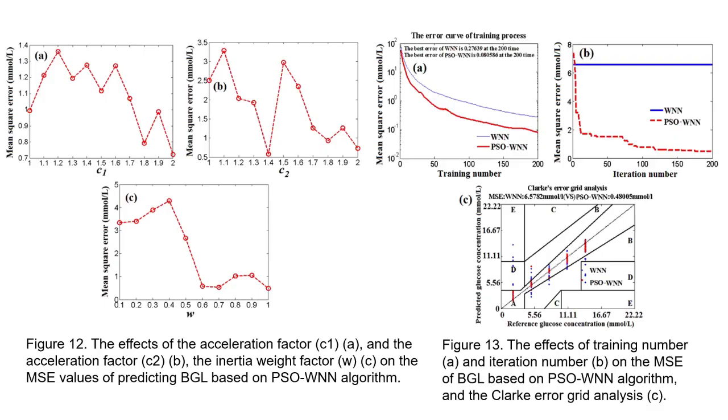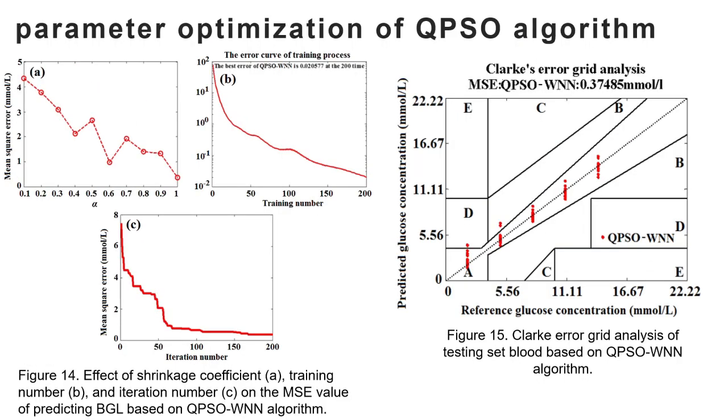For the PSOWM organism, under the optimal parameter, the MSE of the blood glucose is 0.48005 micromole per liter. For the QPSOWM, the MSE value of the blood glucose is 0.35485 micromole per liter.